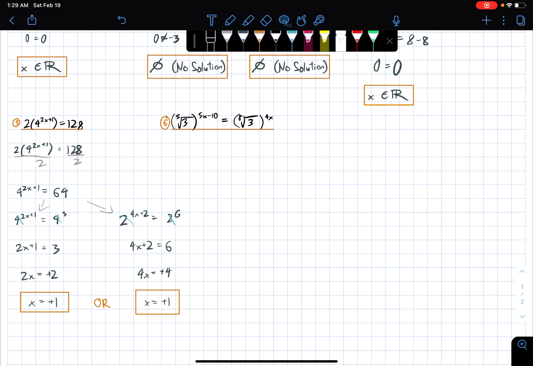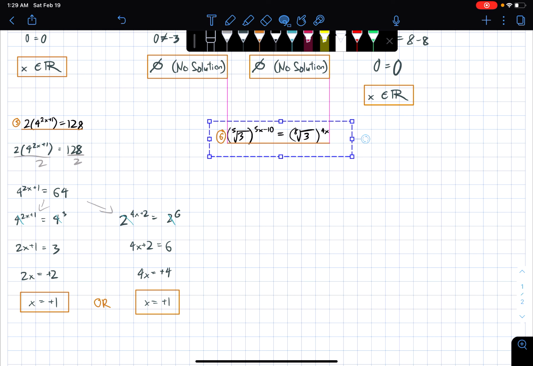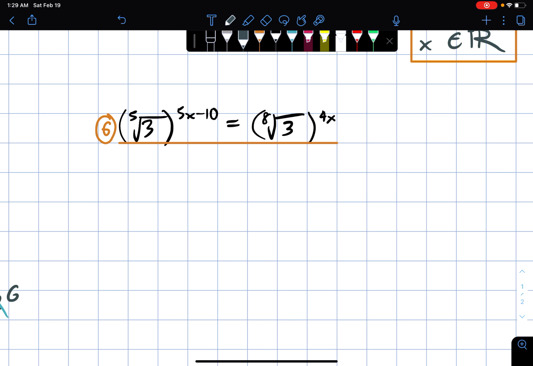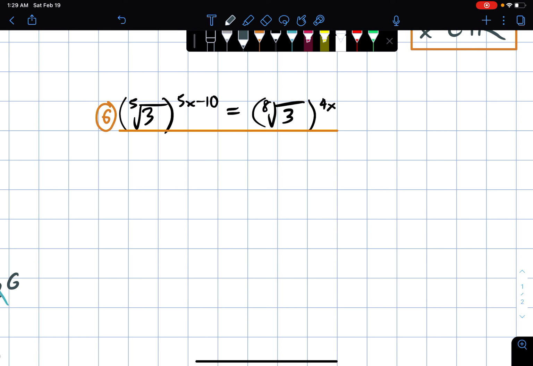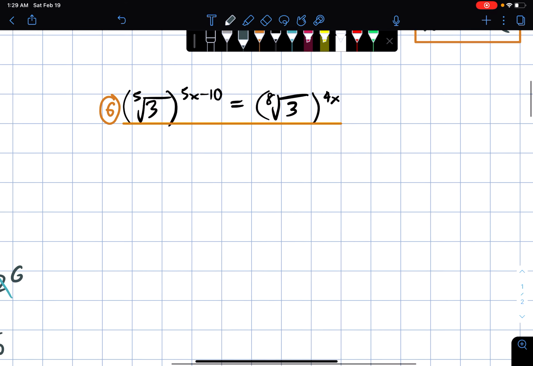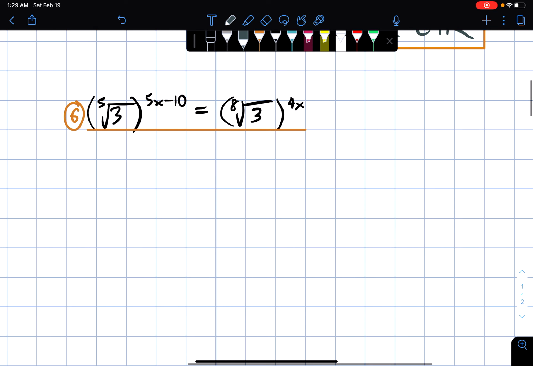Okay, for number 6, let's answer it here. This time, I suppose that you can see that the equation is harder to solve. But if you know that, for example, we have a radical expression here, and assuming that the exponent of the base inside is 1, and of course, by default, the radical sign has a number of 2 here.